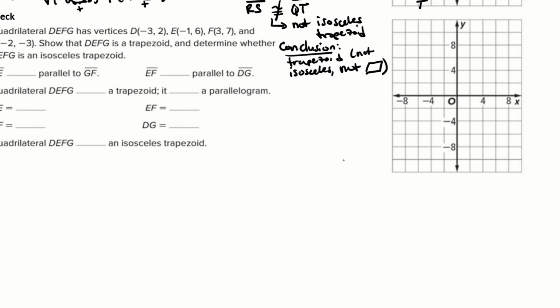Negative 3, 2, we have D. E is negative 1 and 6. F is 3, 7, and G is negative 2, negative 3.